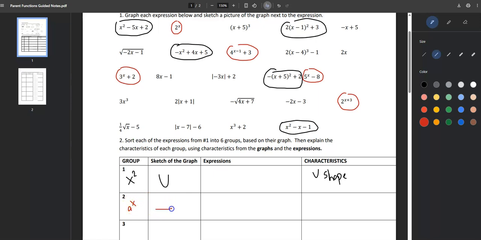And these are going to be that flat line that's going to grow really fast here. Again, characteristic, it's flat and then it increases, if you want to think of it that way.